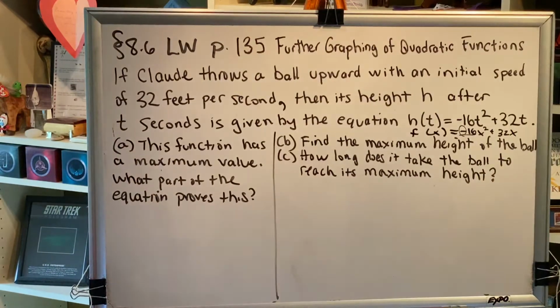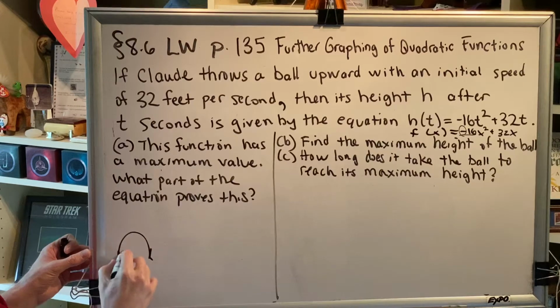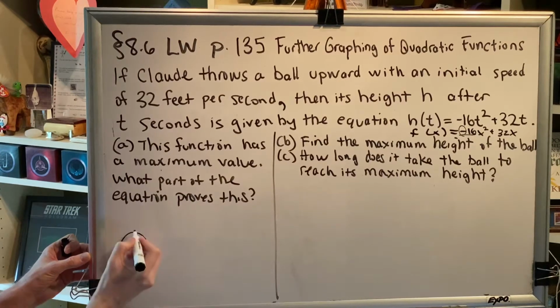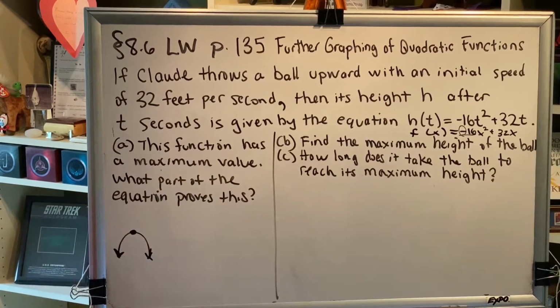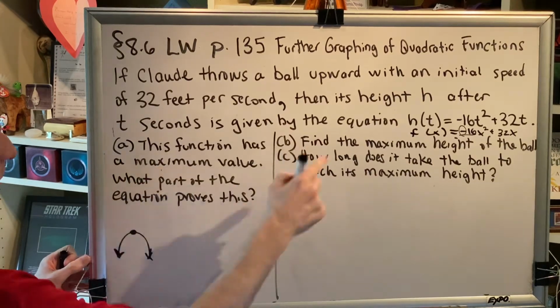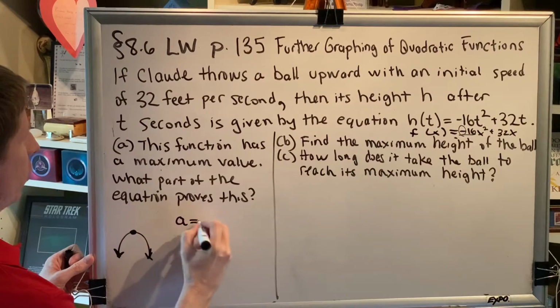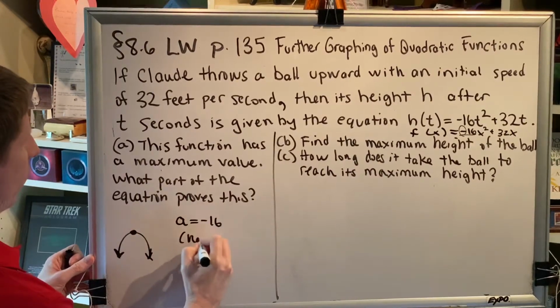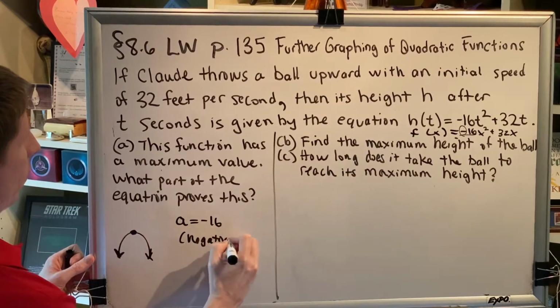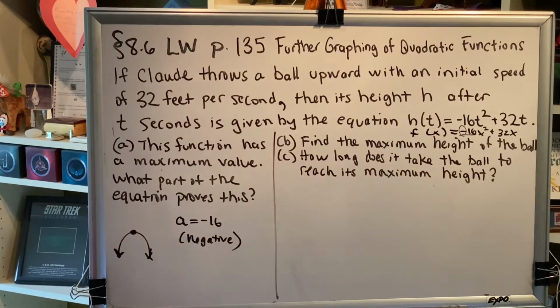The negative part is the most important part of that. If something is negative, that means that it opens down. And if something opens down, that means that the vertex is a maximum. So the part of the equation that proves that this function has a maximum value is the coefficient a, which is negative 16. The fact that it's negative is what we're paying attention to here.